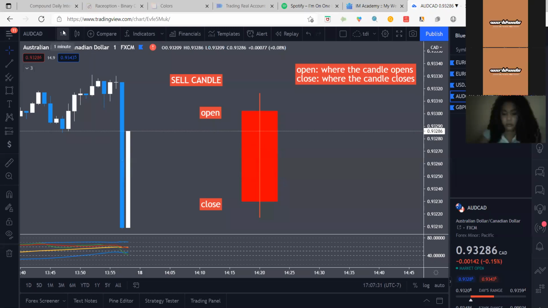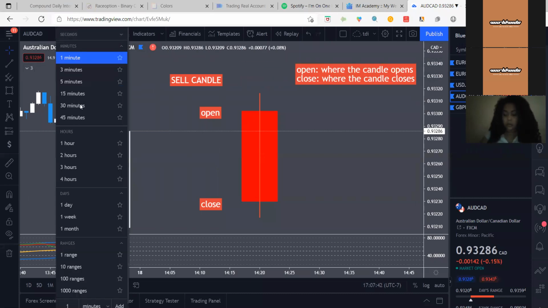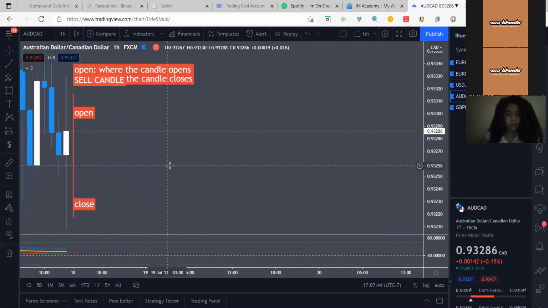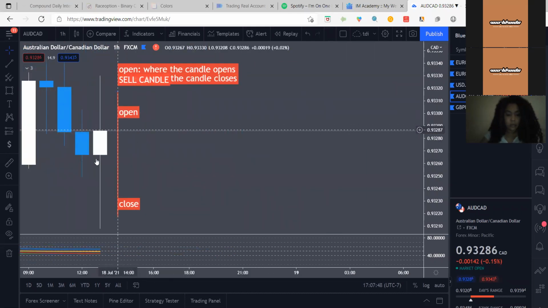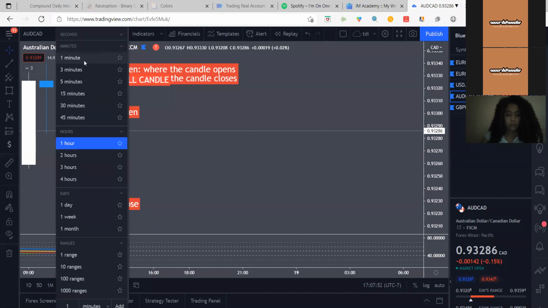So if you're on the 1 minute time frame, this candle stands for 1 minute. So it opened and closed in a total span of 1 minute. If we change the time frame to 1 hour, this candle opened and closed in a span of 1 hour.